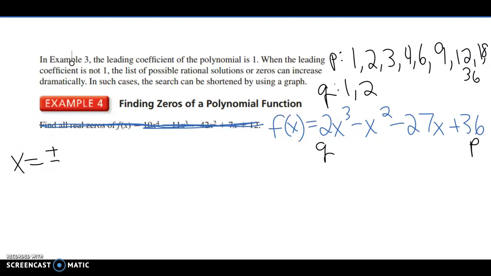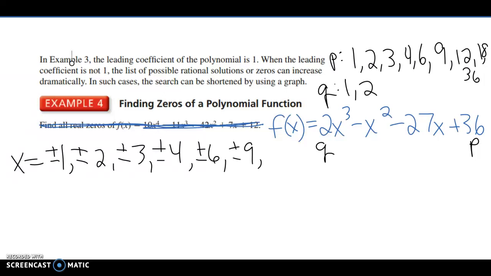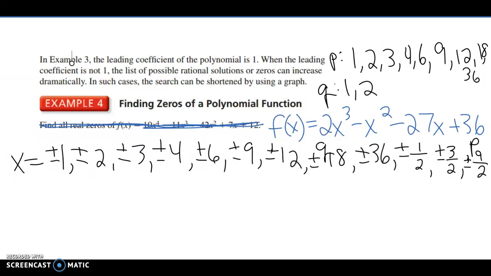My options for my possible zeros are plus or minus 1, 2, 3, 4, and so on, taking all the factors and dividing them by 1. And when I divide all the factors by 2, I only get plus or minus 1/2, 3/2, and 9/2, because 2 divided by 2 is 1, 4 divided by 2 is 2, 6 divided by 2 is 3. All of those are repeating, so we don't have to write them.